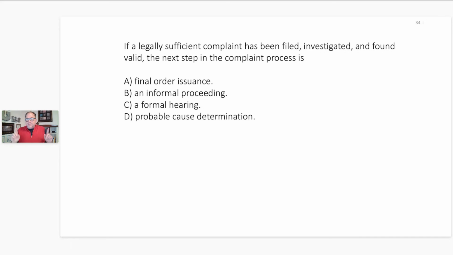Then after the determination has been made, a final order is issued, and the licensee can go into the appeal process, because the final order does not go into effect for 30 days, and that's the appeal window. So we're talking about probable cause determination.